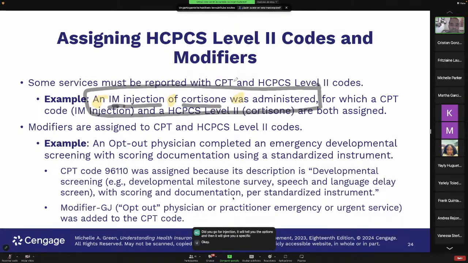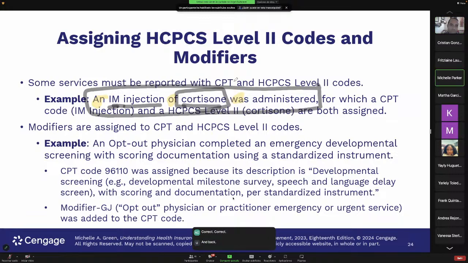Then you go to the HCPCS and look for the most important term here: cortisone. You go to cortisone, boom. You match the amount, the units, and the price, and you're done. So cortisone would be the HCPCS level 2. Correct.